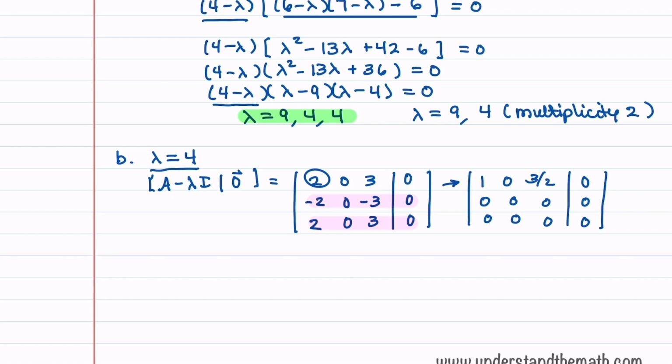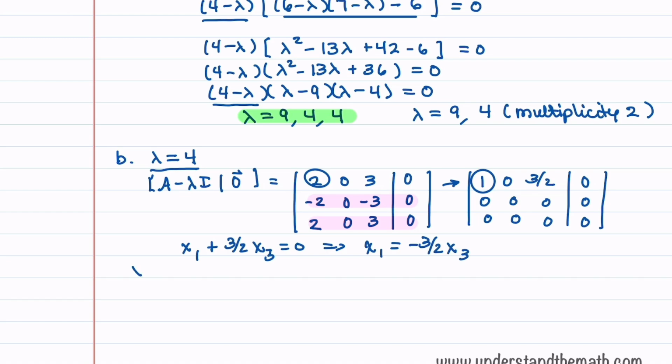Now, to find our eigenvector, we're going to circle our pivot, and we're going to solve for that pivot. So this is x1 plus 3 halves x3 is 0, which gives us that x1 is minus 3 halves times x3.